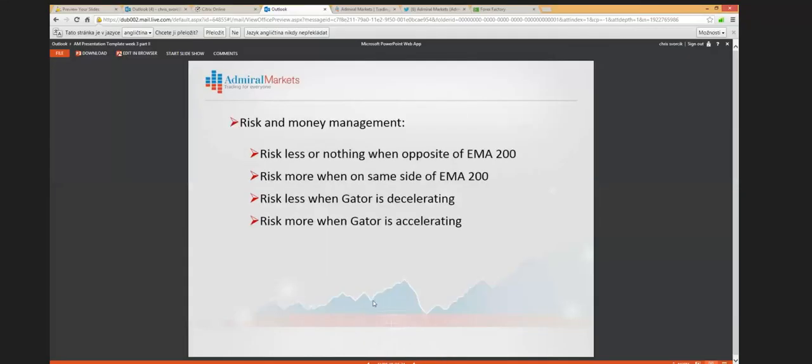The last thing I wanted to tell you, with 6 minutes luckily still, is risk and money management. As I already said a few minutes ago, there's always a max risk you want to take, but within that max risk, you could think of taking little or no risk when the price is going back towards the long-term moving average.